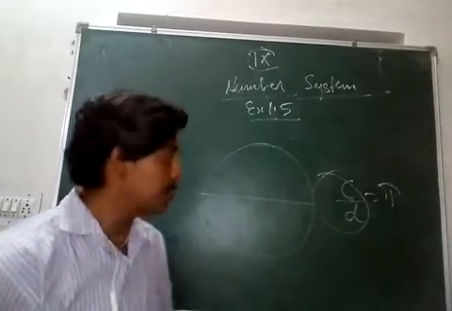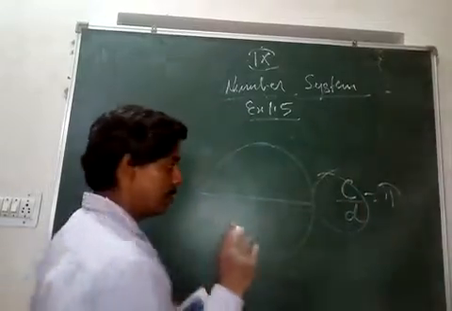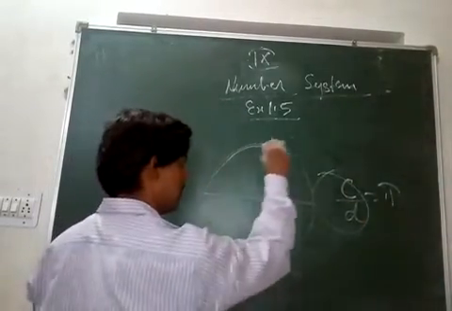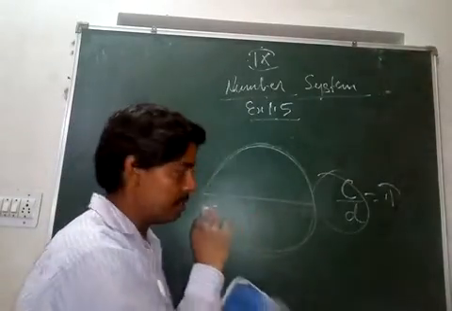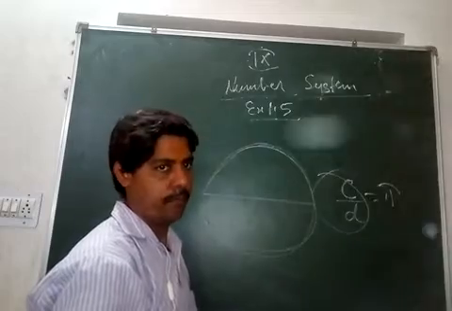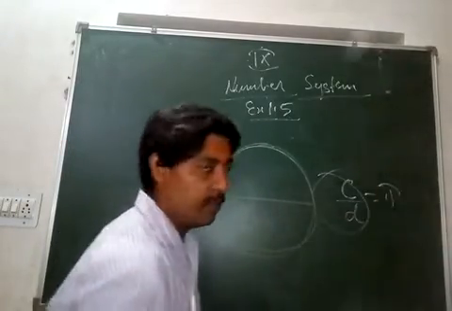Pi is irrational because, see, we cannot measure the circumference exactly, because it is curved. Whenever you try to measure something which is curved, you will never get the exact answer, and you will always get some decimal which is not exact.